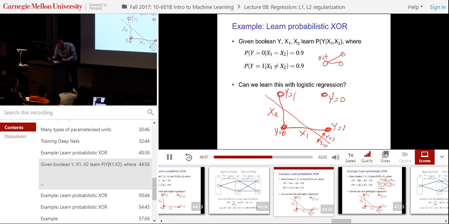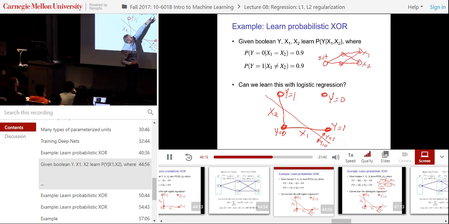So instead, I'm going to have x1 and x2 be inputs to some other units, and those units are going to have to compute two features that have the property that our sigmoid unit can, in fact, get the right probability.